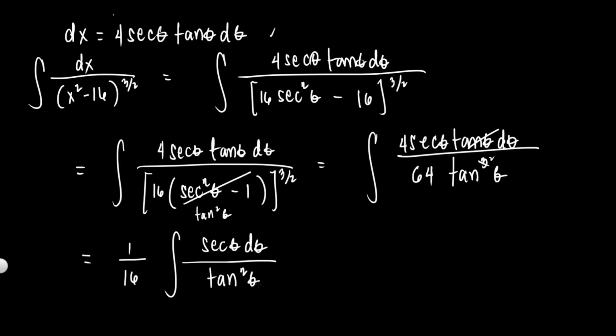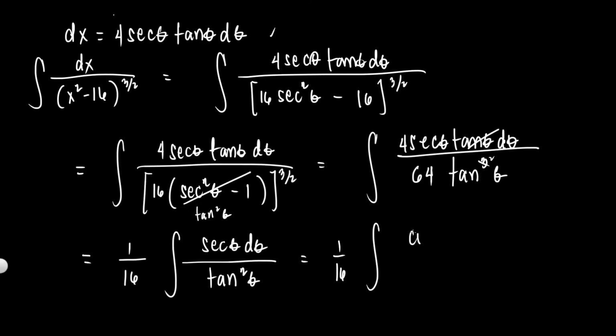Now, anong sunod na gagawin? So, kailangan natin itong ma-simplify, no? Ito muna. So, 1 over 16 times the integral of tangent theta is sine over cosine. Since nasa denominator to, so magiging cosine over sine, no?